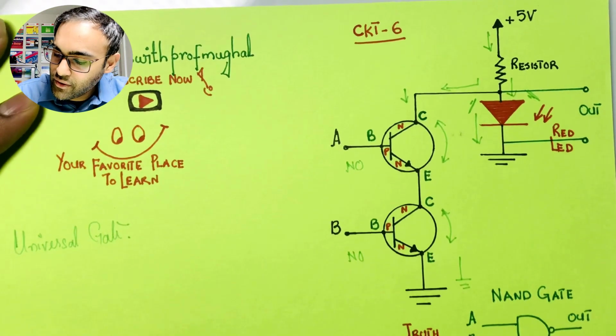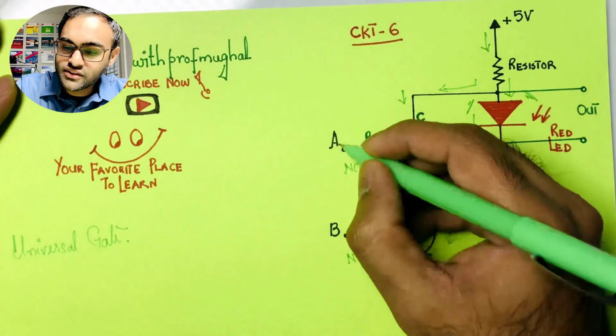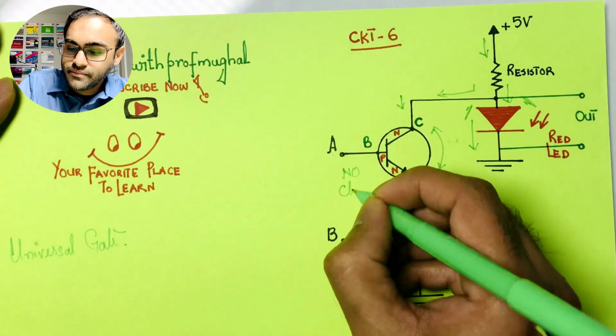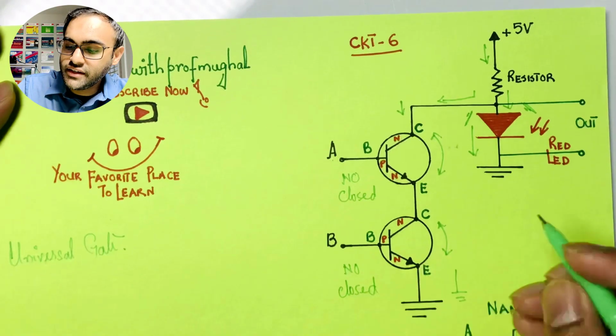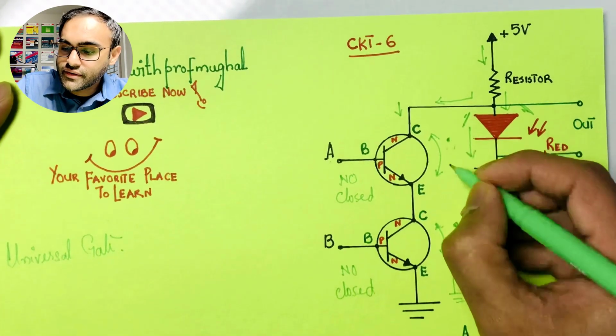In this case, you have both inputs set to high. Both inputs A and B, they are closed now. They are making a contact between the collector and the emitter terminal.